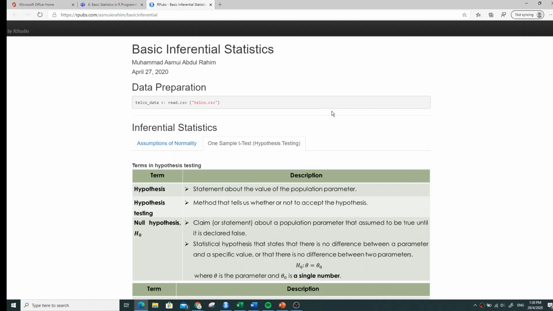That's why the topic itself says basic. Here you can explore more if you need to perform any statistical analysis using R. It is best for you to explore more.